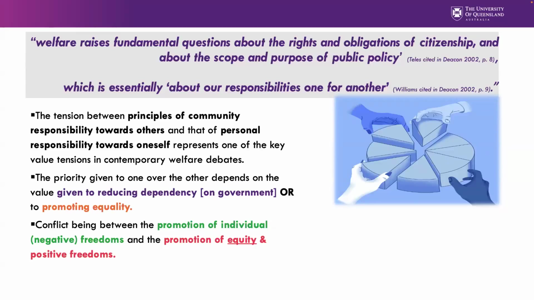So that's one of the reasons why clearly you might see that in some Western countries, the approach might be very much leaning toward individual responsibility, and with that meaning limited state interference. Whereas in other countries, you might see a strong push towards community responsibility for well-being.